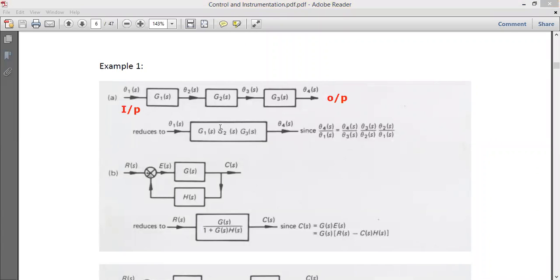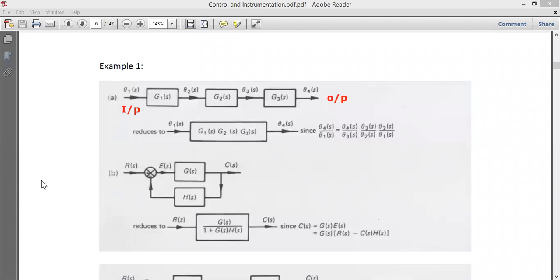That is why after applying the rule, they have written only one diagram, that is theta 1 is input, theta 4 is output, but inside the block all are multiplied. In this way you need to go for reducing your block diagram.